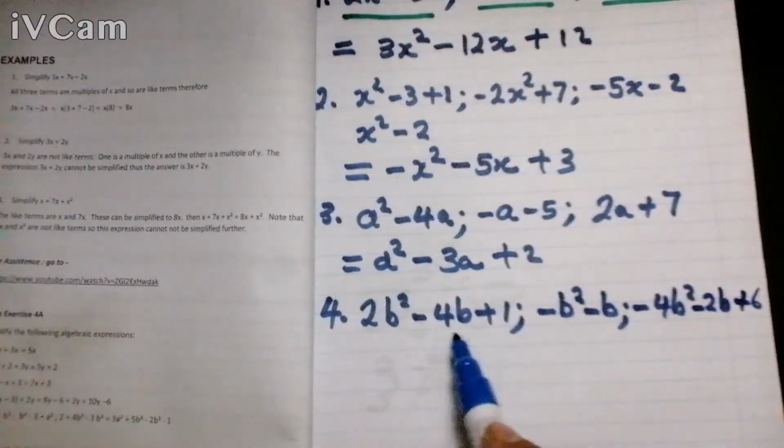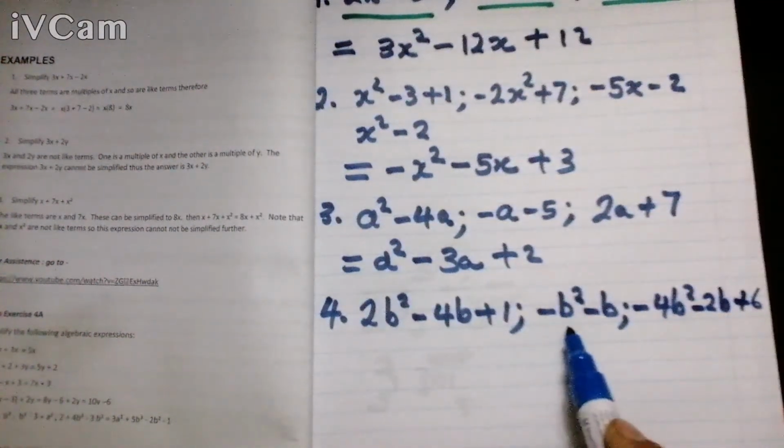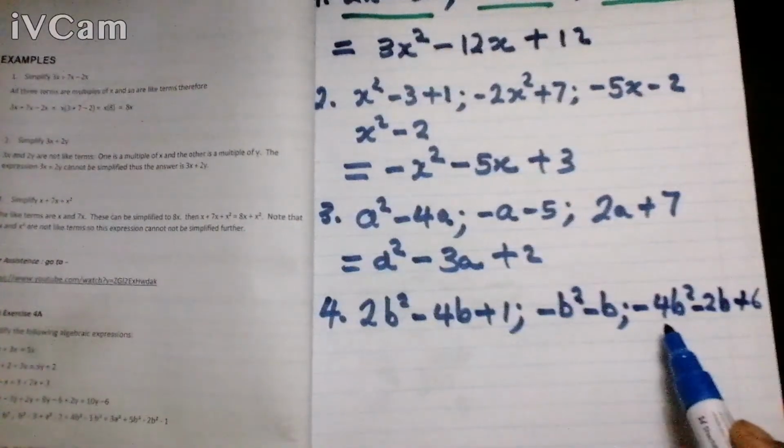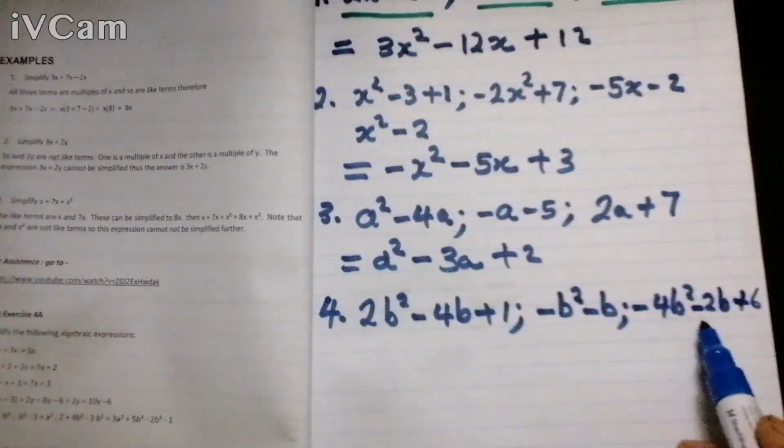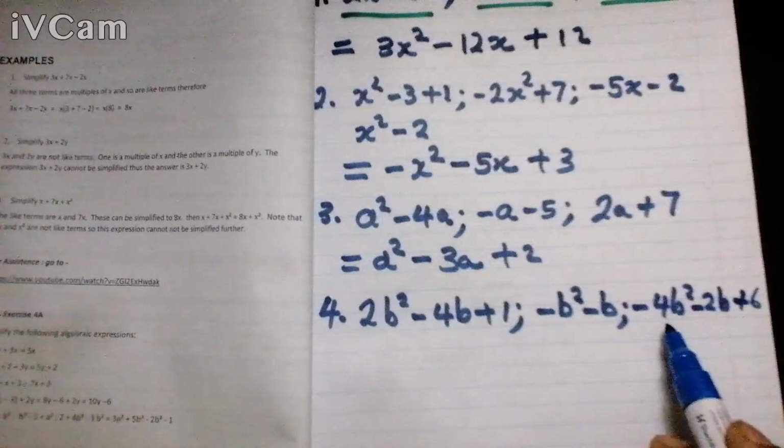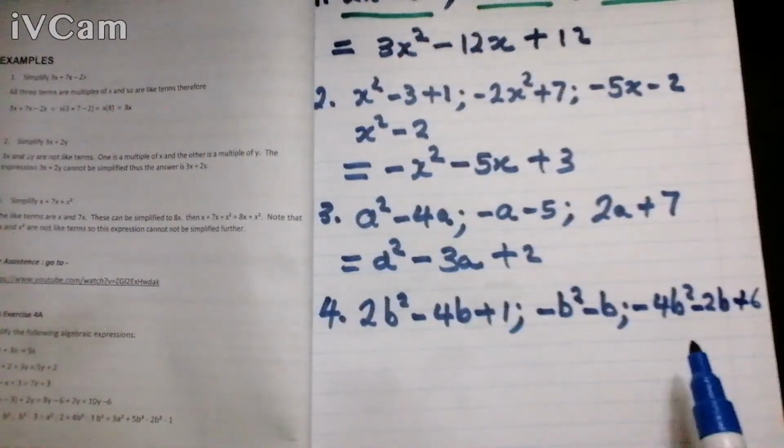This got 2 terms, a binomial. This got 3 terms, so the type of polynomial here is a trinomial.